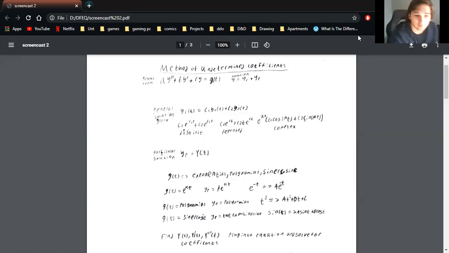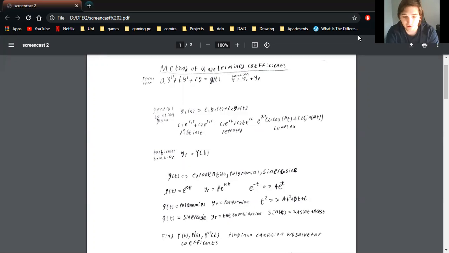But your yp, your particular solution, which is also written as capital Y of t, is based off of your g of t. If your g of t is an exponential, polynomial, or sine and cosine form, that will dictate what form your particular solution takes.